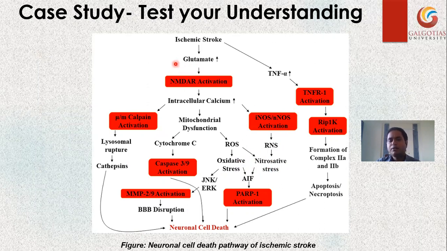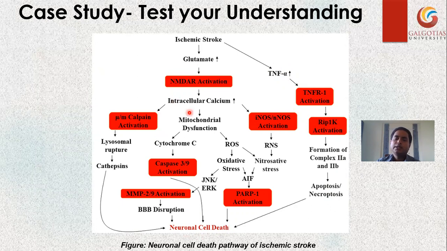One aspect is also that in ischemic stroke, there is an increase in the concentration of cytokines like TNF alpha. The enhanced concentration of TNF alpha can lead to TNF alpha receptor 1 activation, and that can lead to RIP kinase activation, and it finally goes to neuronal cell death.